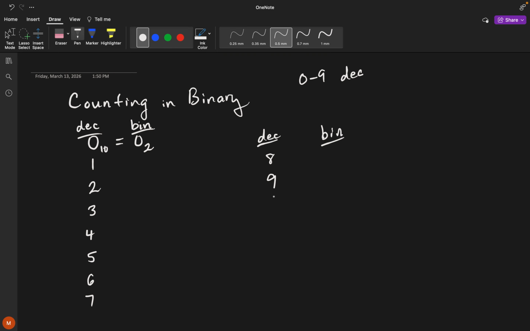I set this last place value back to 0 and I add 1 to the next column. And then I can continue from there. And once I get up to 19, I've run out of shapes in this place value. And I can start over again at 0 and add 1 to the next column to make 20.